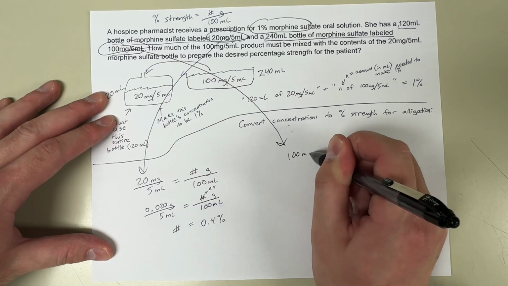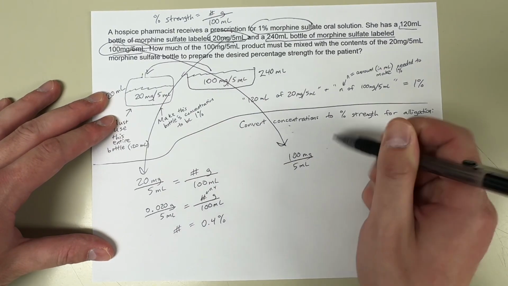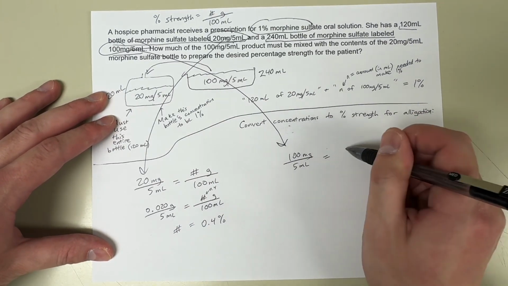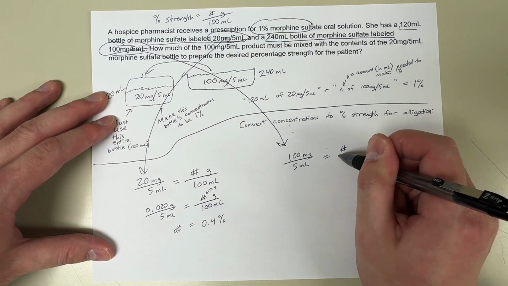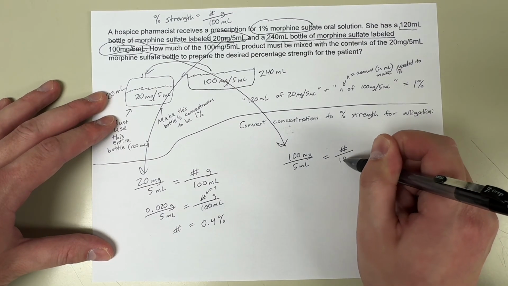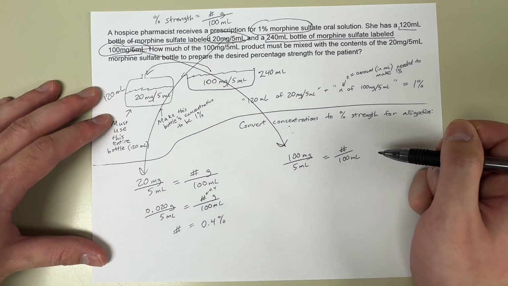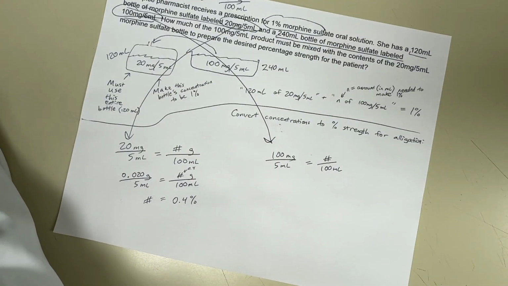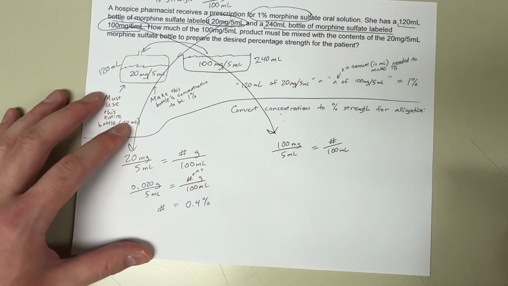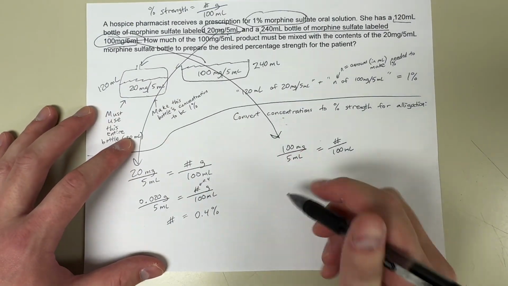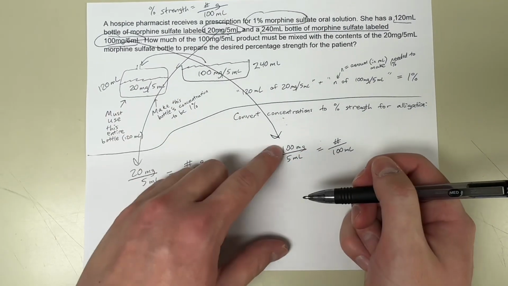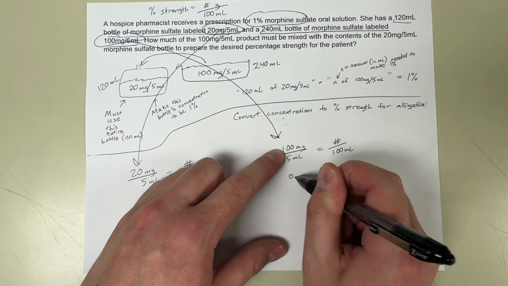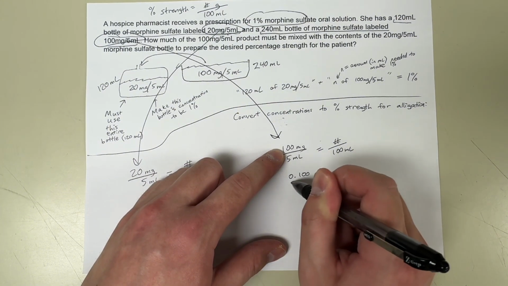So 100 milligram per 5 milliliter is equal to some number over 100 milliliters. I'm going to convert this 100 milligrams right away to grams. So 100 milligrams is the same thing as 0.1 grams.